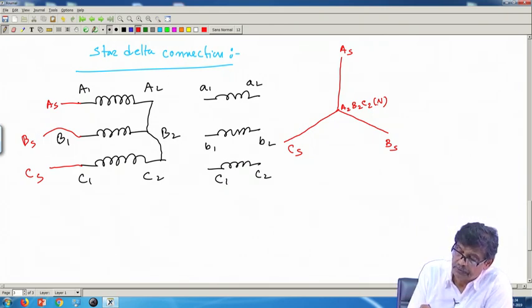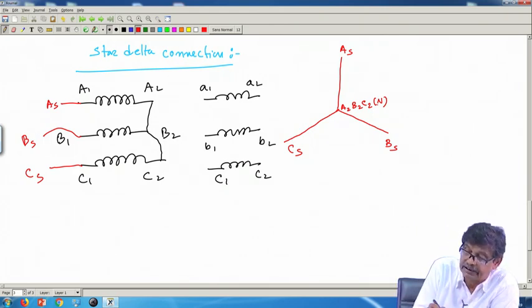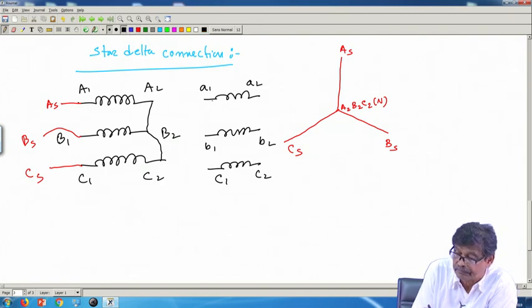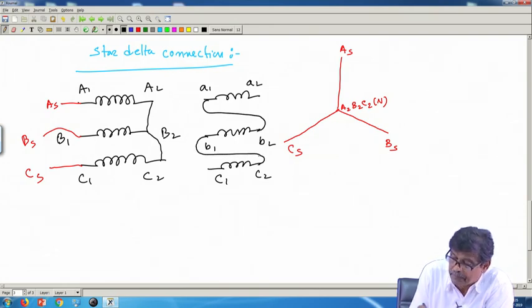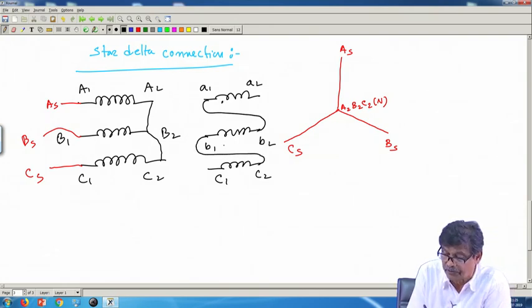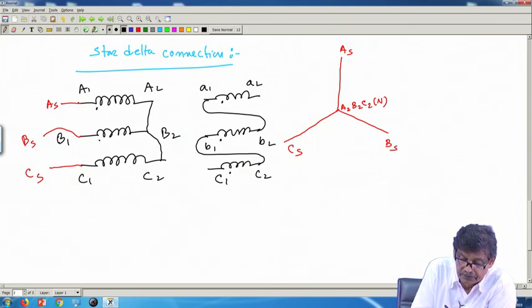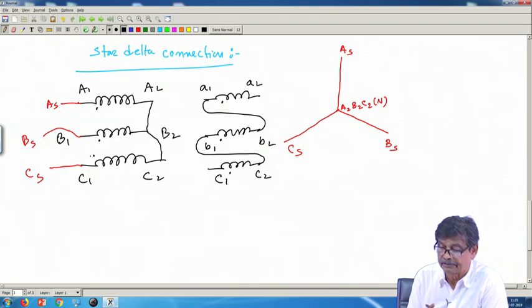Then you connect it, suppose like this, you join other way now. And mind you, these are dots, do not forget to show that, which I have already told you, that is important.